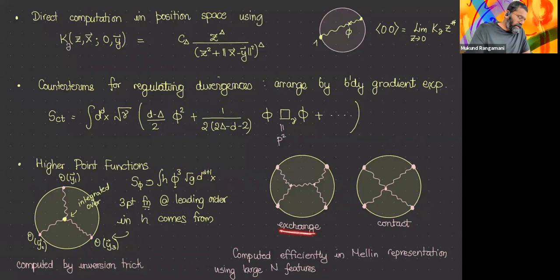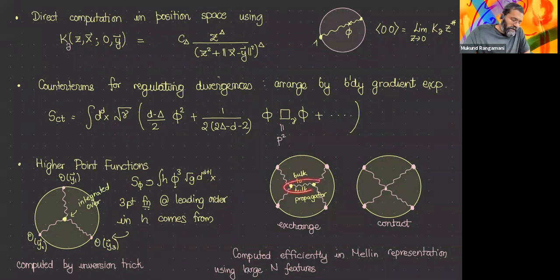This exchange diagram involves one new ingredient, because here, between these 2 vertices, we have a bulk-to-bulk propagator. So you have to compute the bulk-to-bulk propagator, but once you know the bulk-to-boundary propagator, you can get the bulk-to-bulk propagator by standard method of variation, some Wronskian trick.